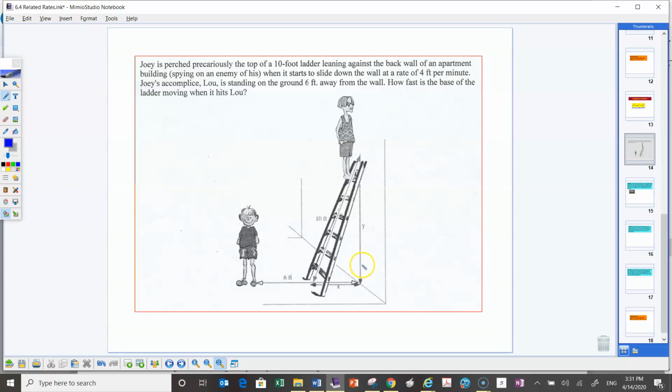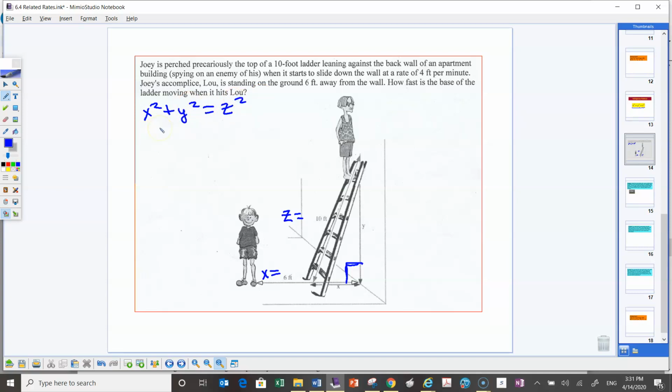So we have a right angle, which is right here. And we know the length of the ladder, and I'm going to call that z, and it's equal to 10 feet. We know the distance from the wall to Lou is 6 feet, so x is 6. So using Pythagoras' theorem, I can initially find out what y is. We know that x squared plus y squared is z squared.